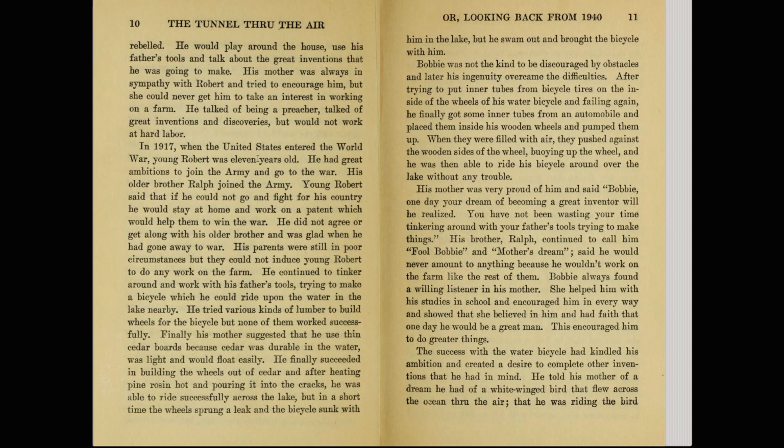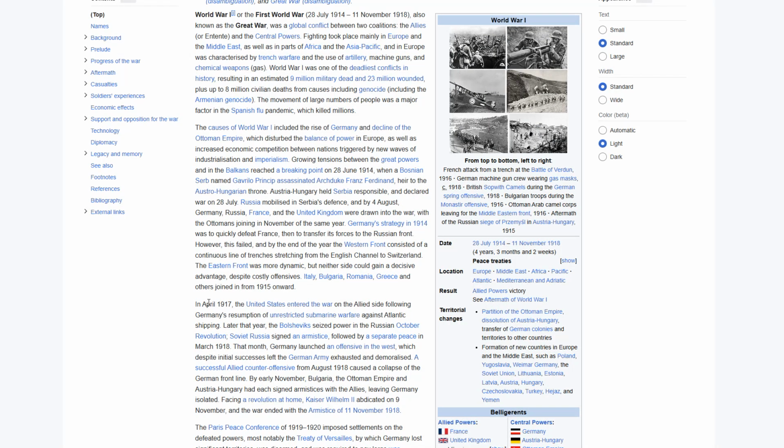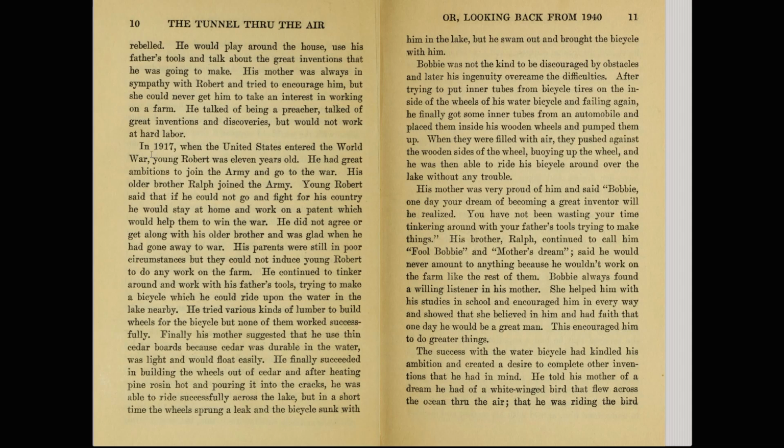But if we find out when the United States entered the World War, we look this up and we see that in April of 1917, the United States entered the war. So that means that this first sentence here in the second paragraph on page 10 is not accurate. Robert was still 10 years old when the United States entered the World War.